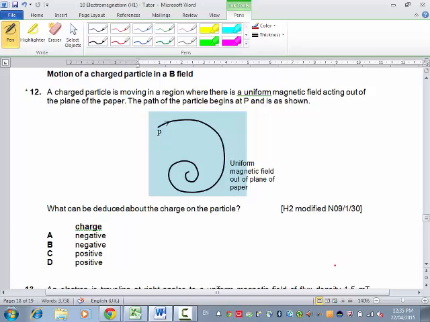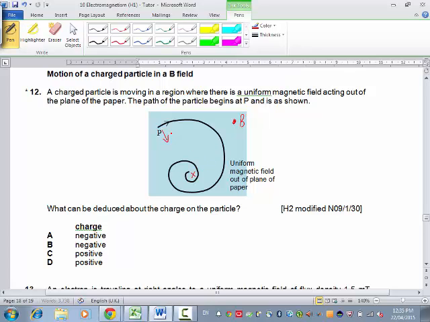A charged particle is moving in the field and they say it's out of the plane. The B field is out of the page. The key thing is, we know that this is the center of the circle.